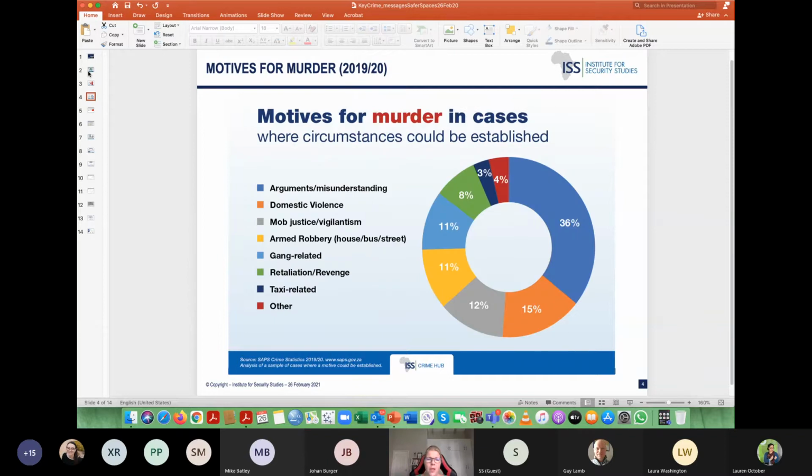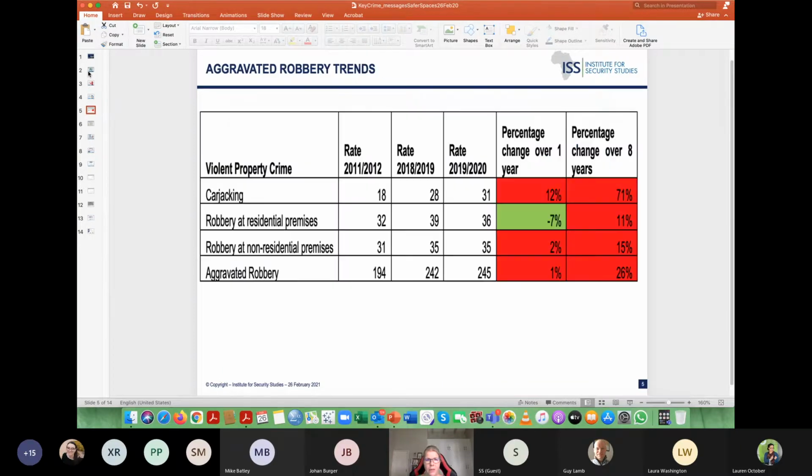From previous docket analysis by the police, we saw again that arguments and misunderstandings make up the largest proportion, followed by domestic violence and things such as mob justice or vigilantism, and followed by armed robberies or robberies in general, an equal number to gang-related crime. So this is really important because it shows that different causes also need different interventions, and we'll get back to that.